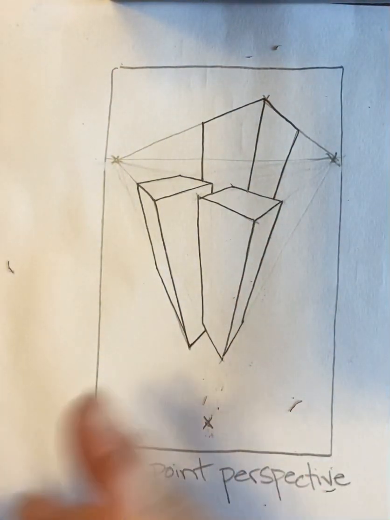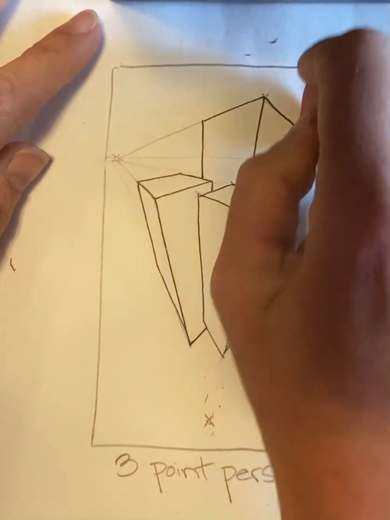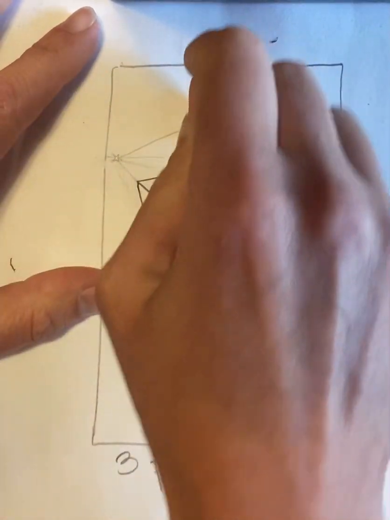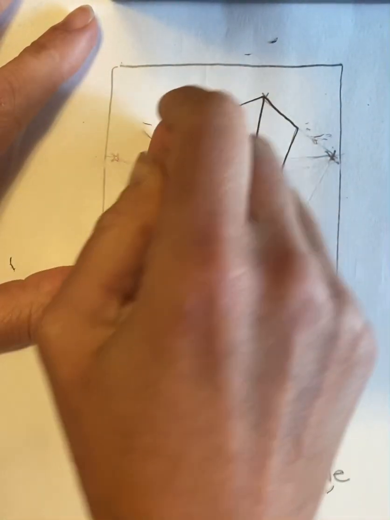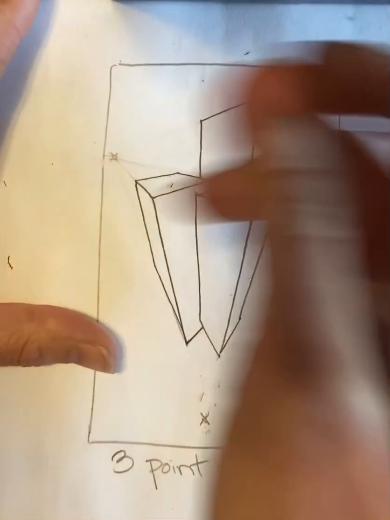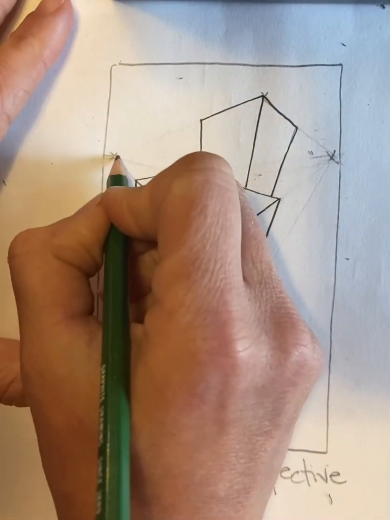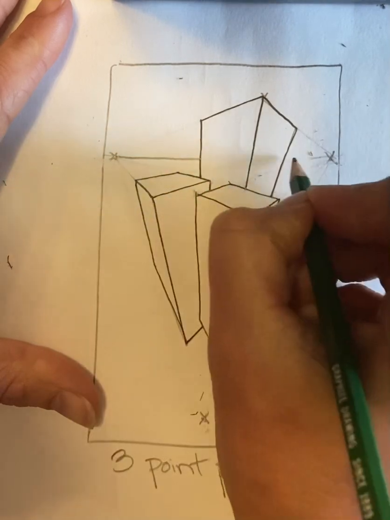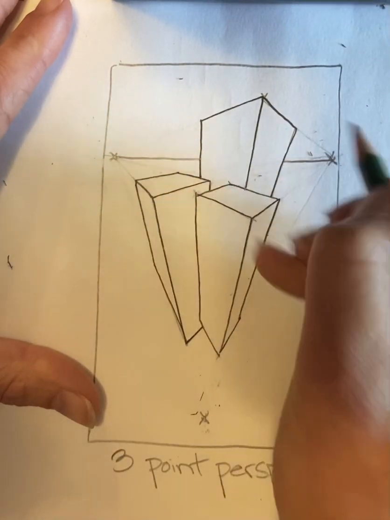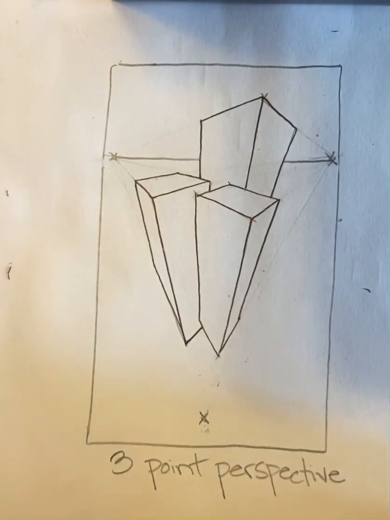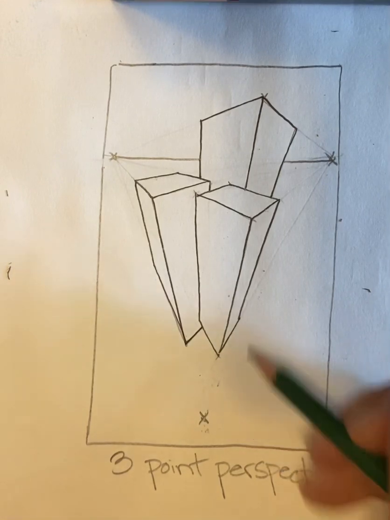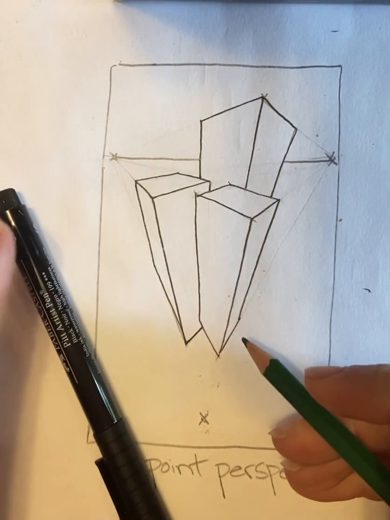Now, using these basic rules, you can build tons of buildings in 3-point perspective. And of course, you can get way more complicated than I am being in this one, but this is just a simple start. Here's my horizon line that I still want to keep around. If I wanted to do roads or anything, they would all be the same rules.